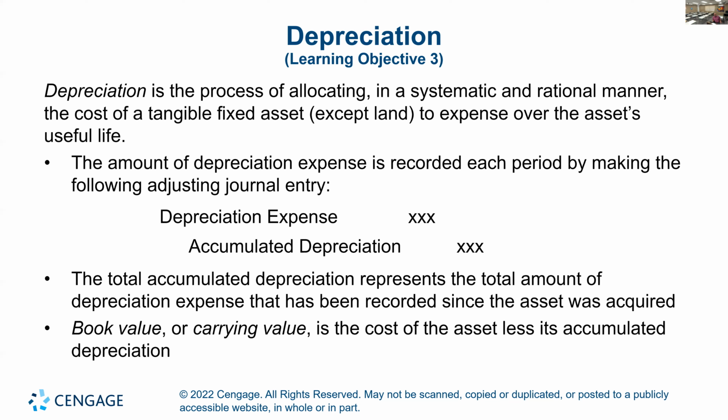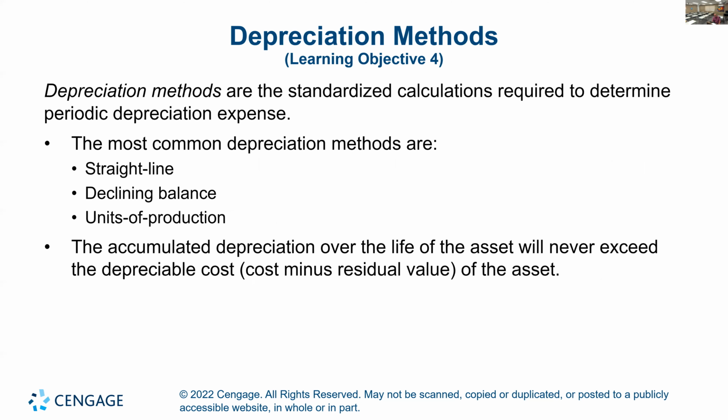It's listed on the balance sheet right below the asset it's associated with. So if we have buildings at 400,000, right underneath it might be accumulated depreciation of 100,000, which creates a book value of 300,000 there. The historical cost minus accumulated depreciation gets us our book value.